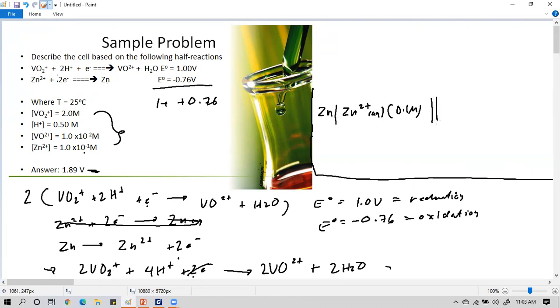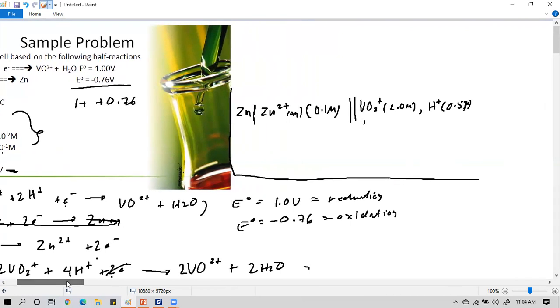So lagay na natin salt bridge, and then here we have VO2 positive, which has a concentration of 2.0 molar, then comma, then H which has a concentration of 0.5 molar, and then comma ulit, continuation lang yan.